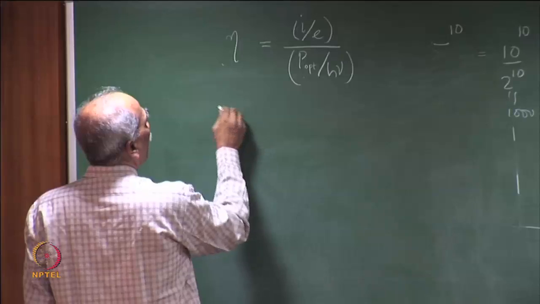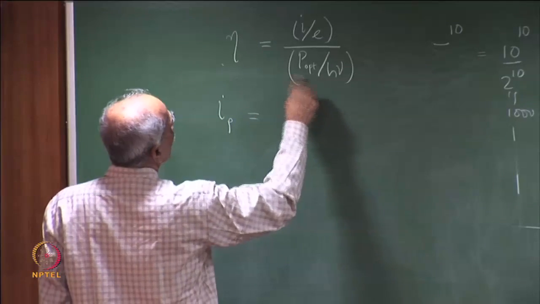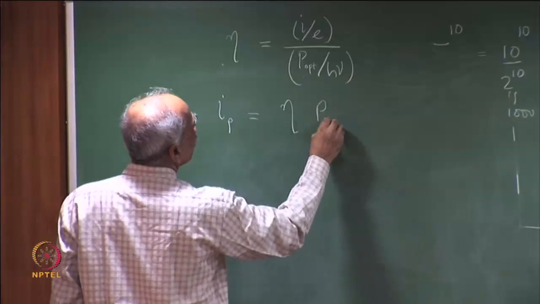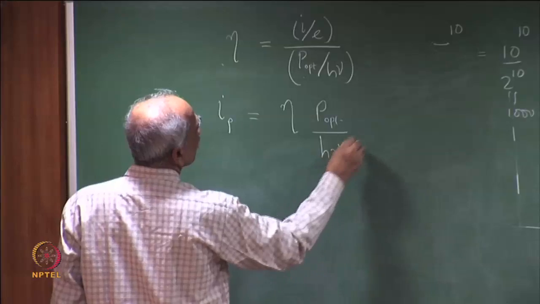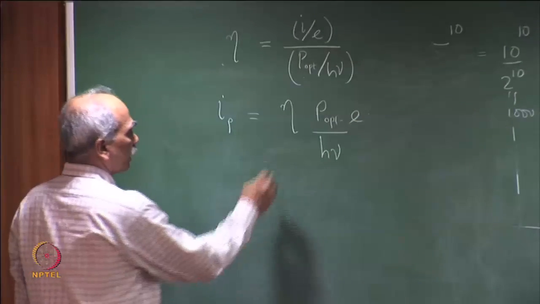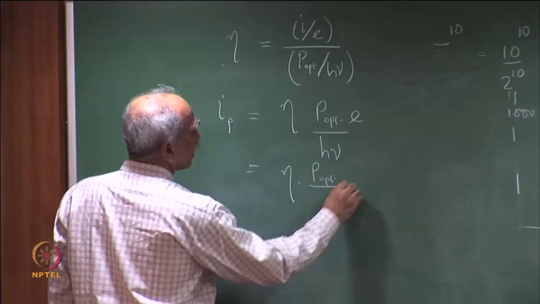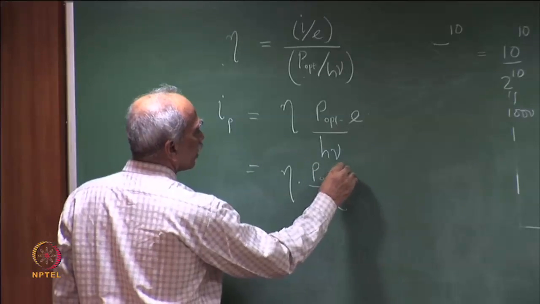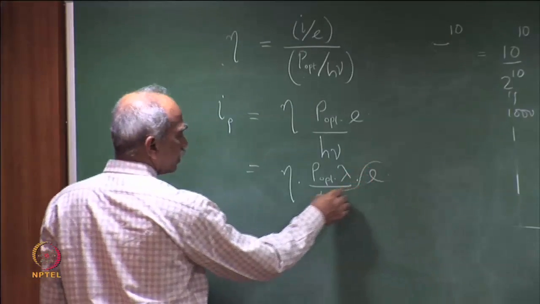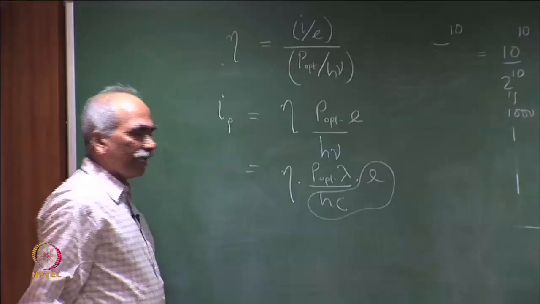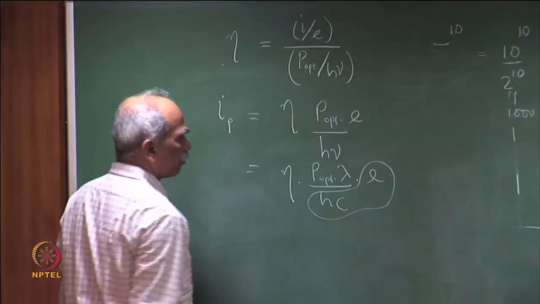Therefore, the primary photocurrent I is equal to eta into P opt divided by h nu, into E. That is equal to eta into P opt divided by h into c by lambda, into E, and we know this quantity h c by E is 1.24 if lambda is in micrometers.